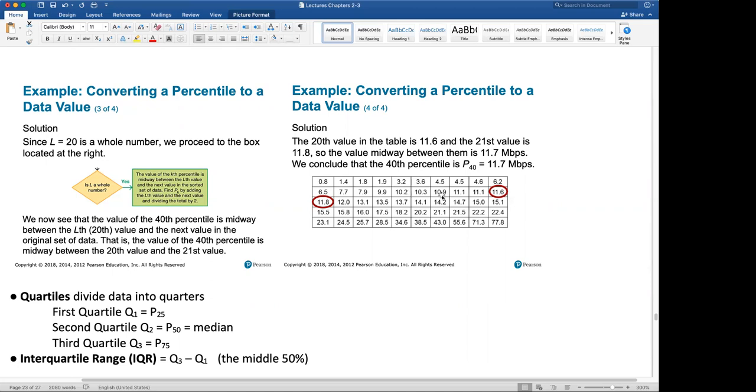You see 11.6 and 11.8. These are the 20th and 21st data values. Then we find the average of the two data values, which is 11.7. So the data value corresponding to the 40th percentile is 11.7.